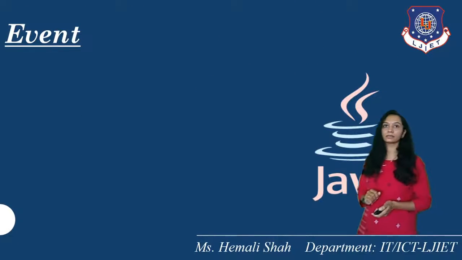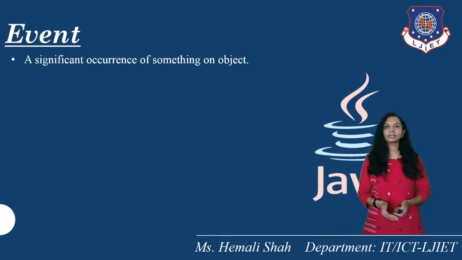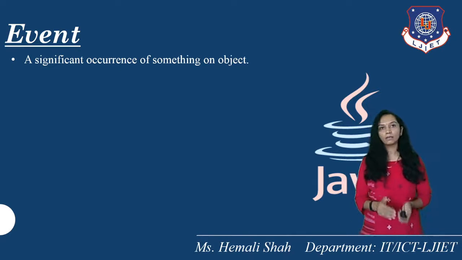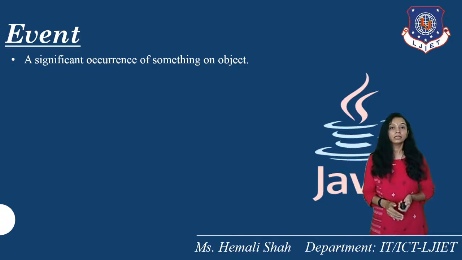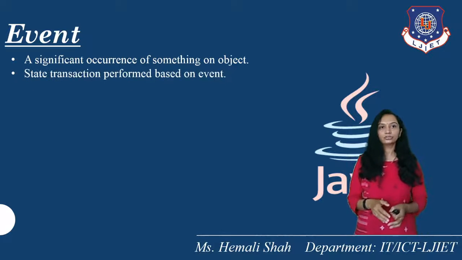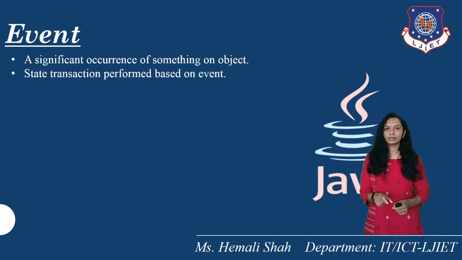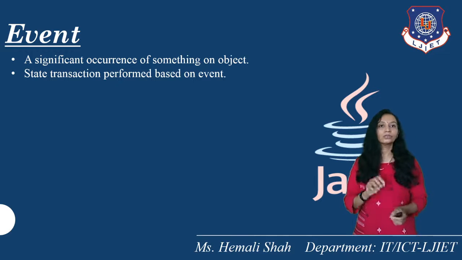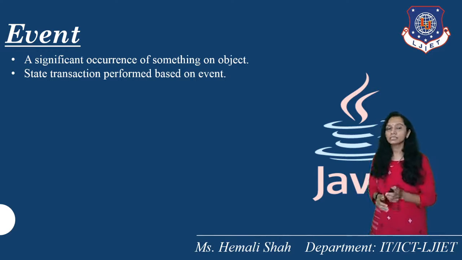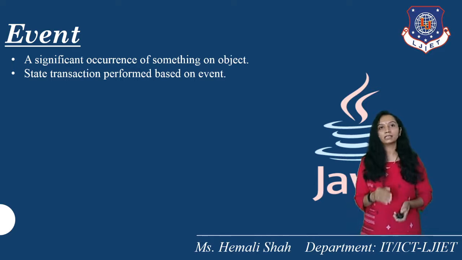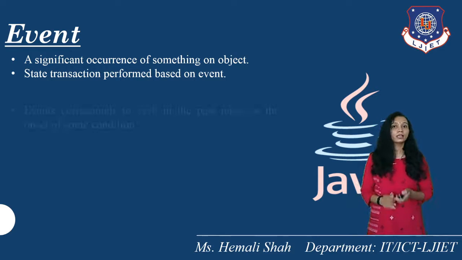Now, what is the event? This event is basically a significant occurrence of something on the object. Say, for example, if you are changing the color of some object, this is called the event. Now, the state transaction is performed based on the event only.